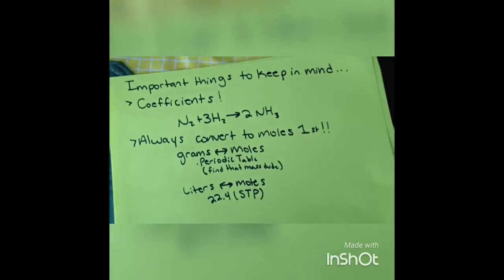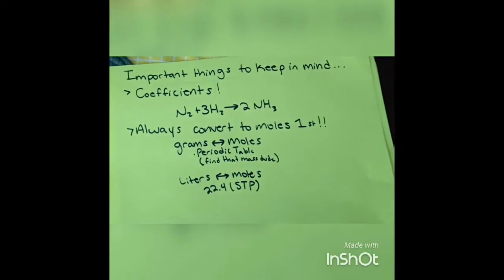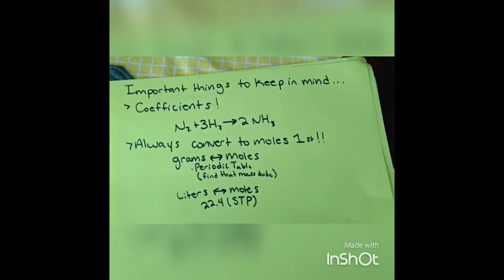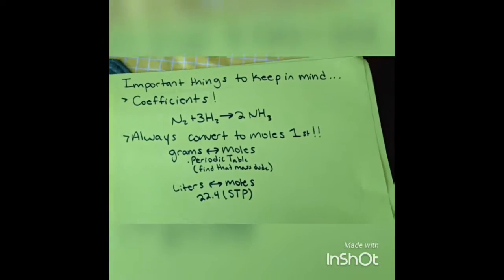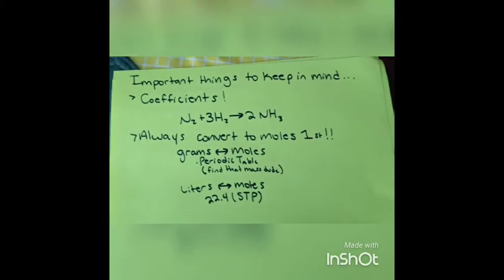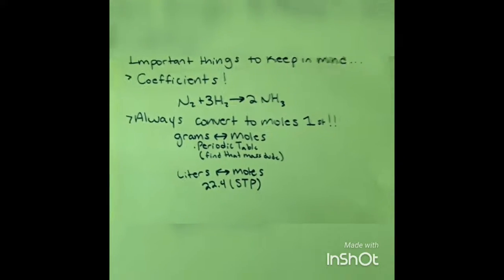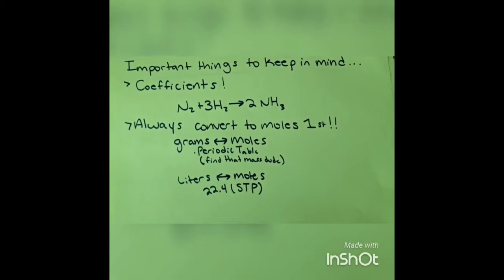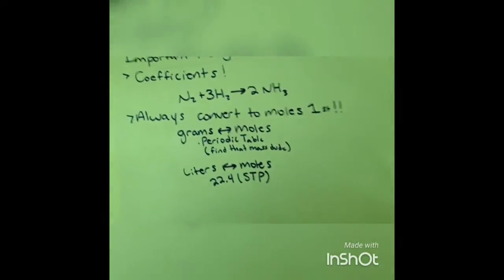Okay. Now always convert to moles first. When you're in stoichiometry, that's very important. They could be asking you to go from grams to liters, and you can't just hop straight there. You have steps, and one of the first steps is converting to moles. How do I convert to moles? Going from grams to moles or moles to grams, you're going to pull out that periodic table, and what you're going to be using it for is just this number, the atomic mass.